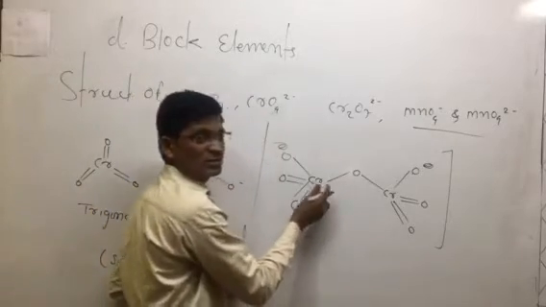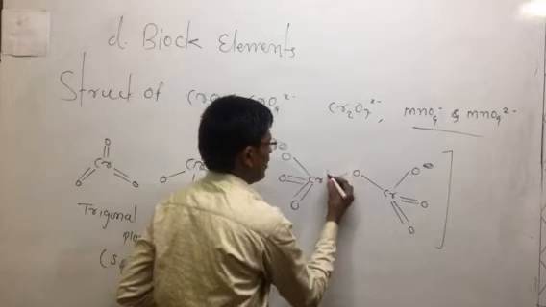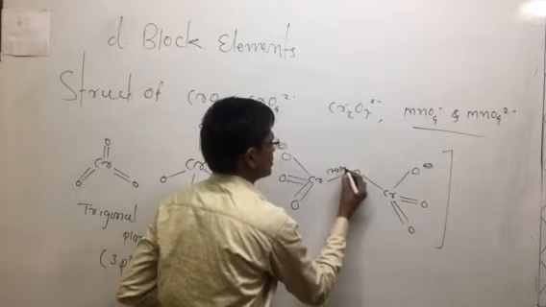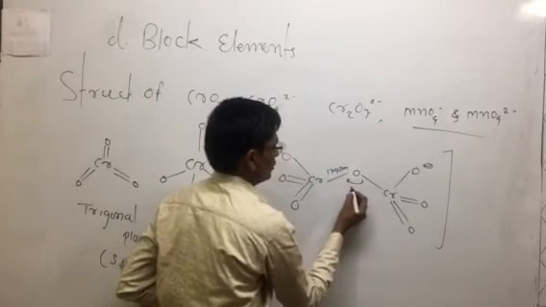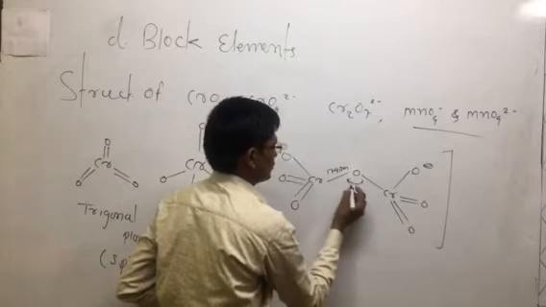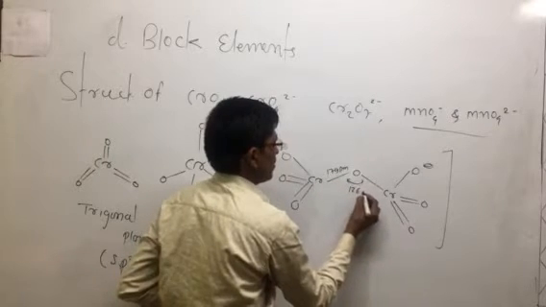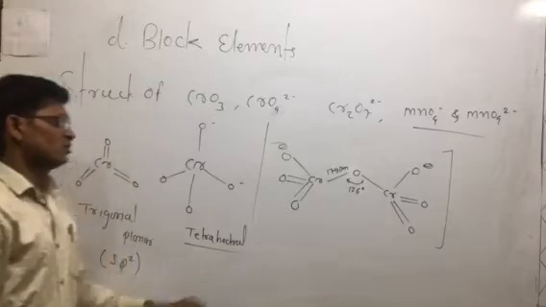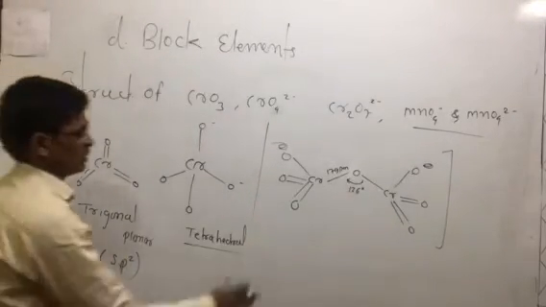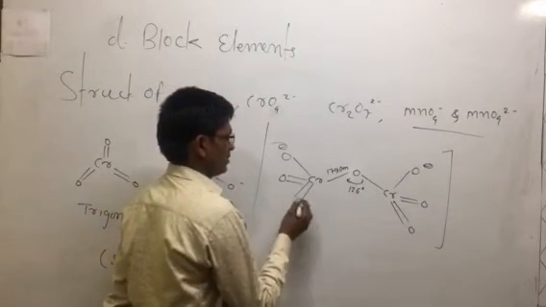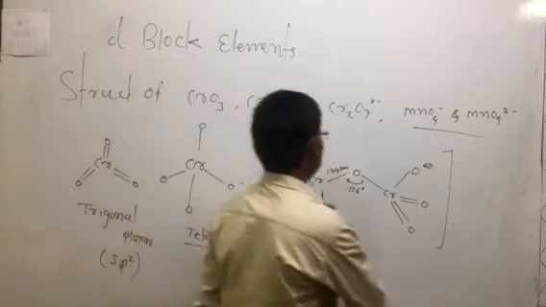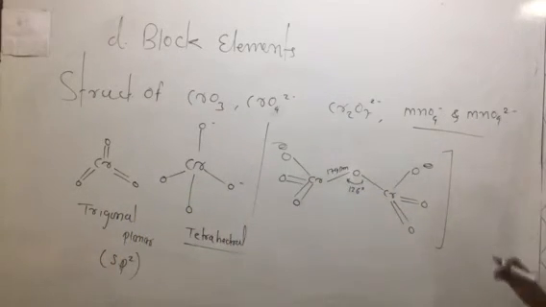The bond length between chromium and oxygen is 179 picometers. The bond angle between the oxygens is 126 degrees. This is the 126 degree bond angle, and 179 is the length between the chromium and oxygen atom.